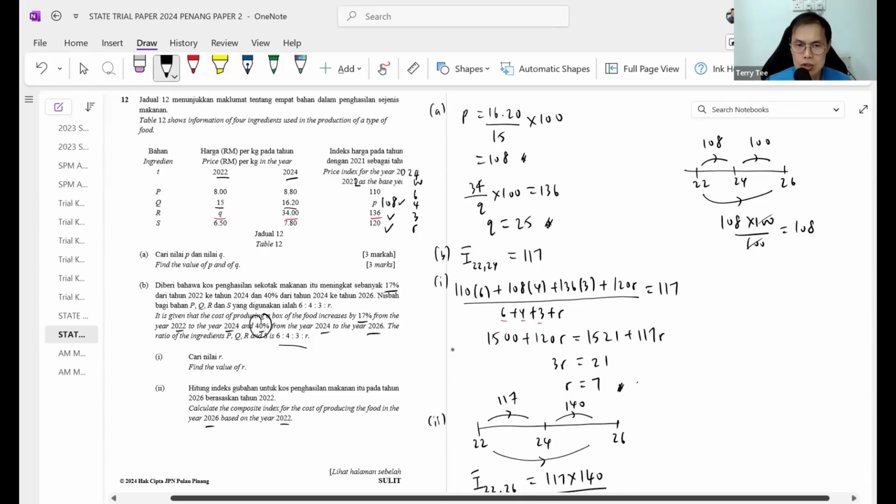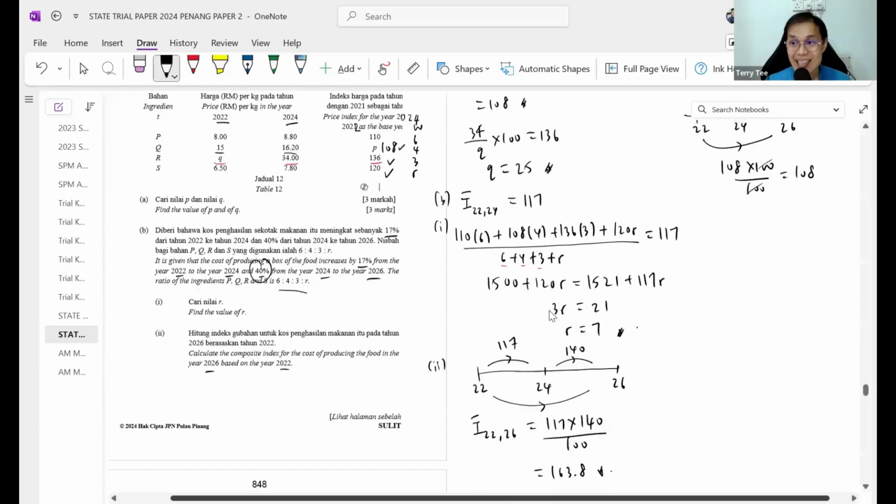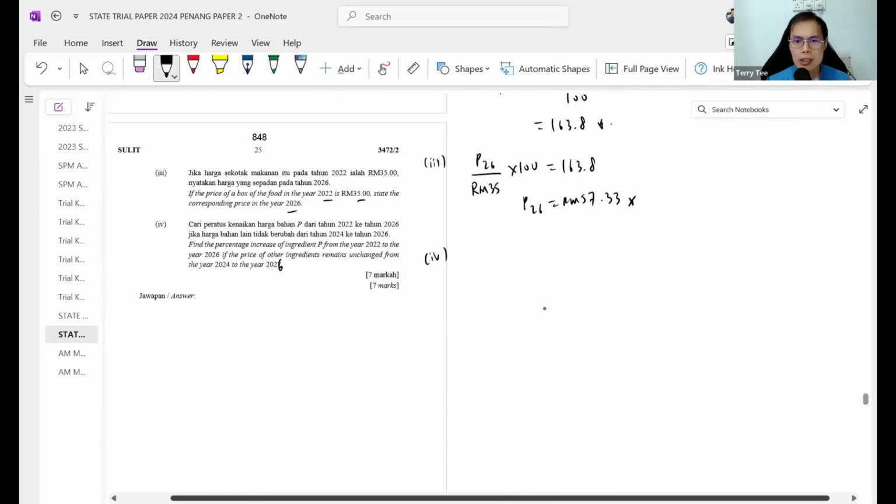So you need to find what is the value of P, what is the index of P, right? Okay, so we're going to take the composite index. We know the composite index is 163.8. For P, I'm going to call it I, multiply with the weightage, which is 6.